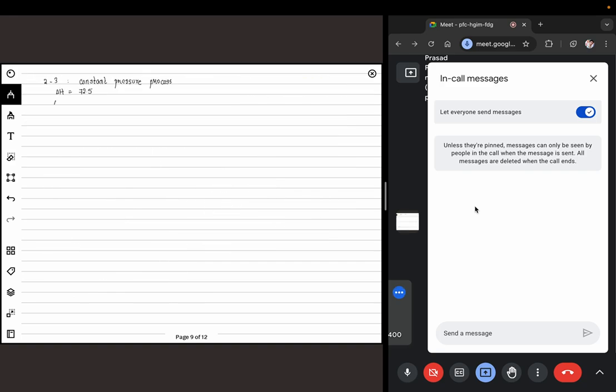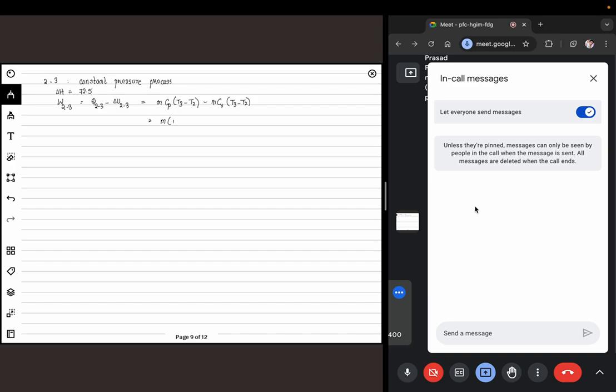What is delta H? My objective is to calculate W2 to 3, which is Q2 to 3 minus delta U2 to 3. It is a constant pressure process, so Q can be written as m Cp times T3 minus T2, minus the change in internal energy, which is anyway a state function, so that is going to be mCv times T3 minus T2.